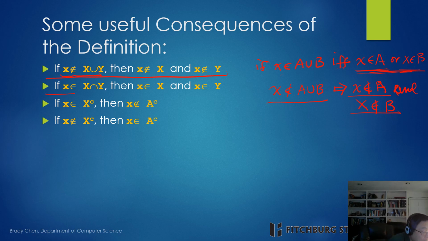The other one: if X belongs to the intersection of X and Y, then X must be in X and X must be in Y. That's pretty straightforward, because that's the definition.